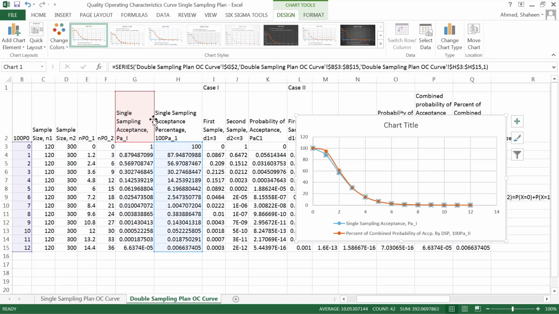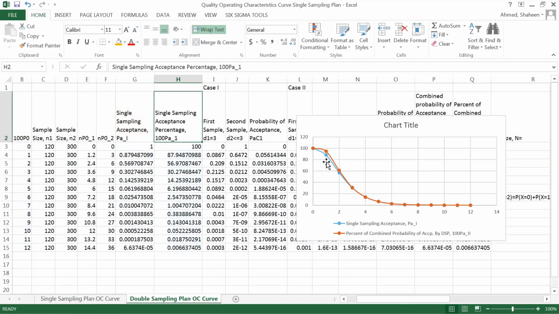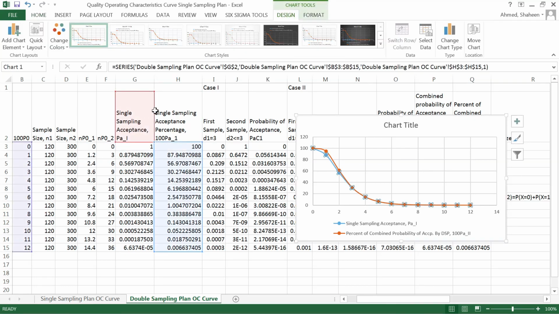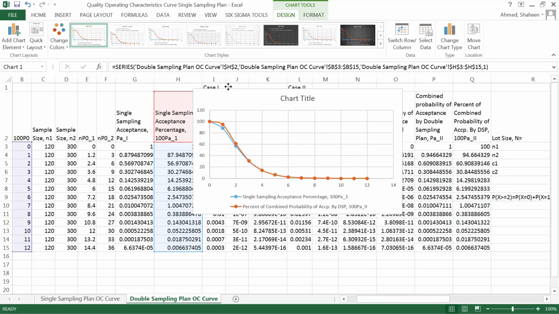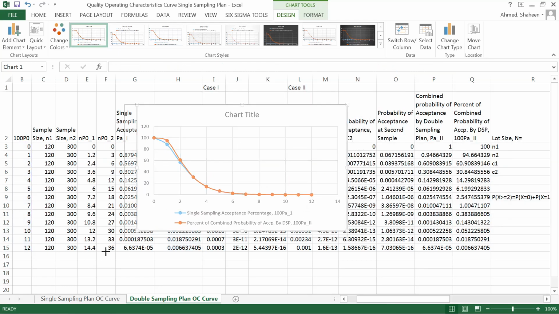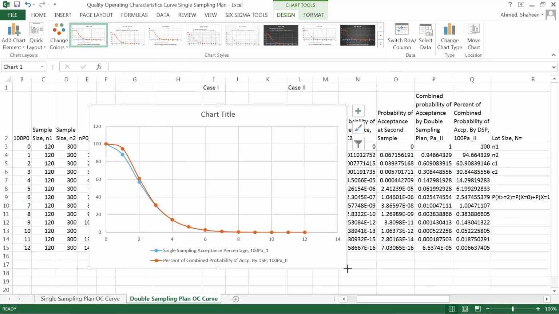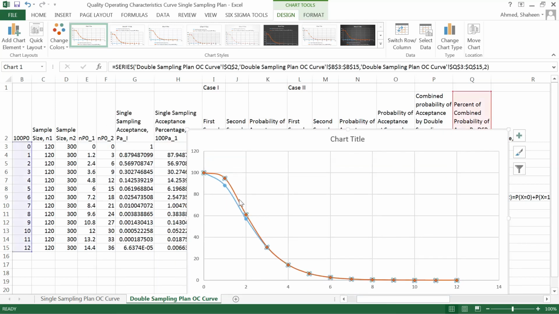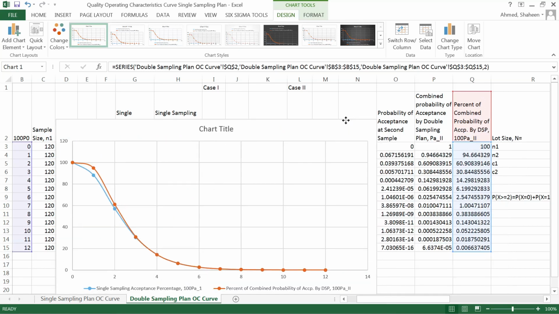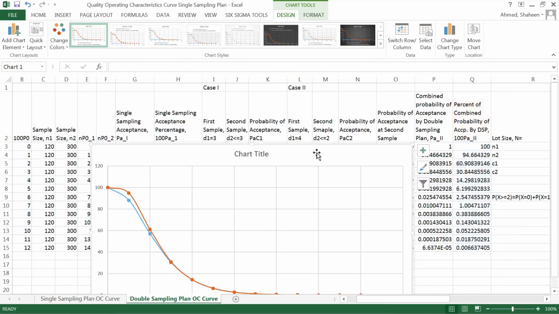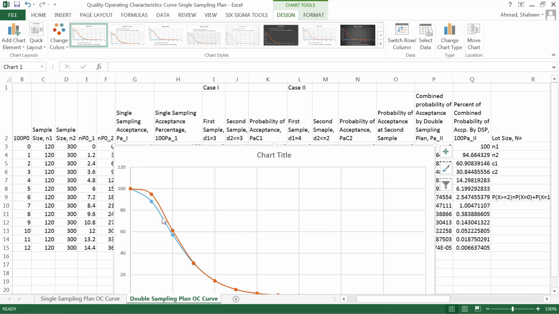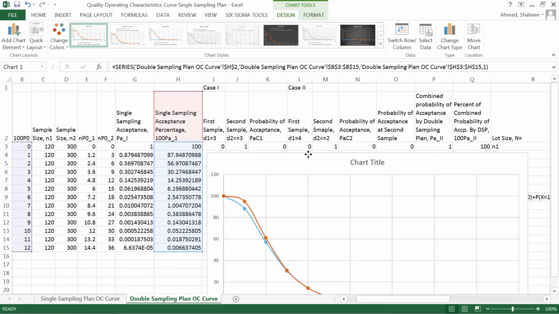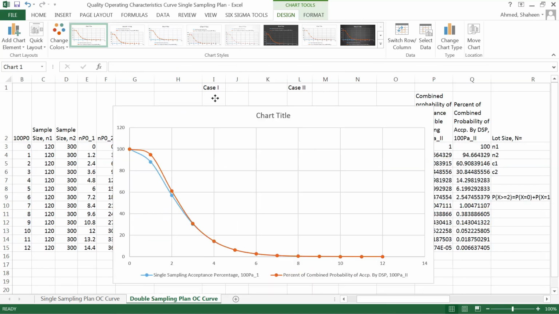I should actually select this instead of that, because everything else was selected in percentage, and this one I selected out of 1. So that is the double sampling plan operating characteristics curve. If you look at this orange curve, it is associated with the double sampling plan, and the blue curve is associated with the single sampling plan.